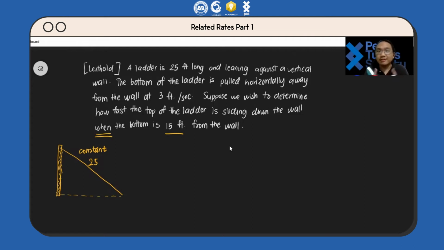So it tells us that the bottom is not always 15 feet from the wall. Rather, there is just a specific time when the bottom is 15 feet from the wall. Therefore, we should not label it as 15 over here. Instead, we opt for a variable, let's say x. And let's say the vertical wall over here, let's just have this as y.